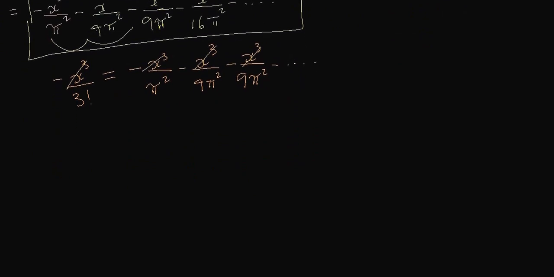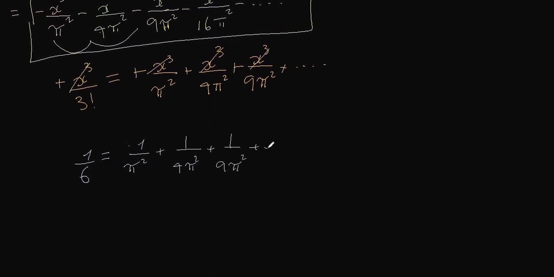We also multiply both sides by minus 1, so these become pluses. And then finally we're left with the beautiful fact that 1 over 3 factorial, and 3 factorial is 2 times 3, so this is equal to 6, so 1/6 is equal to 1 over pi squared plus 1 over 4 pi squared plus 1 over 9 pi squared plus, and so on.